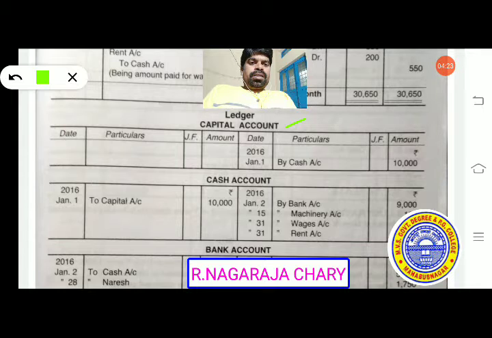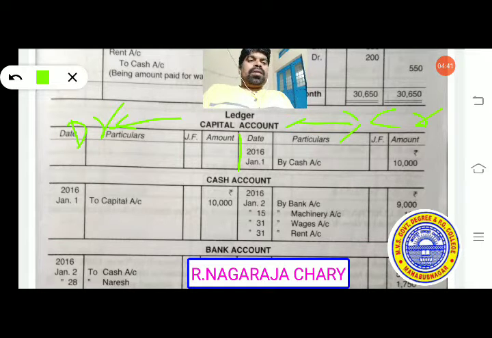We have already discussed that each account consists of two halves, the left hand side and the right hand side. The left hand side is known as debit, the right hand side is known as credit, and the vertical line divides the account into two halves.